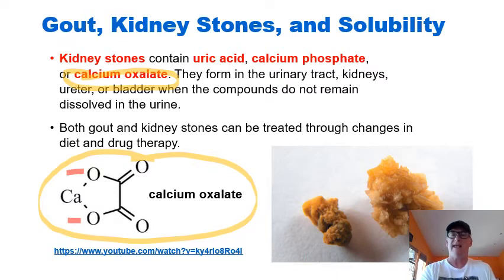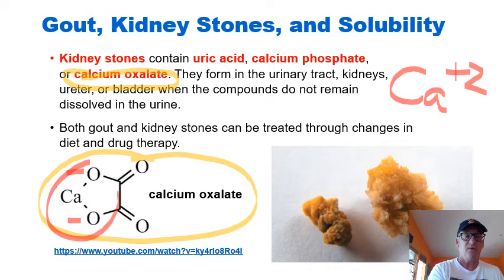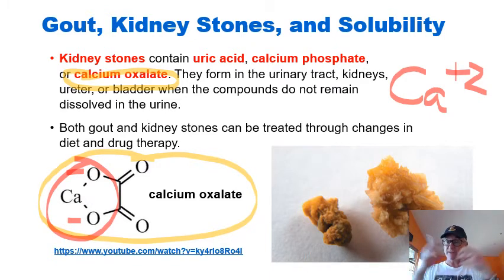But we know that calcium ion has what charge? +2. And so the calcium ion, when it comes in contact with oxalic acid, makes this complex right here, where now everything's no longer charged. We basically have shut down those two negative charges and complexed it with calcium.